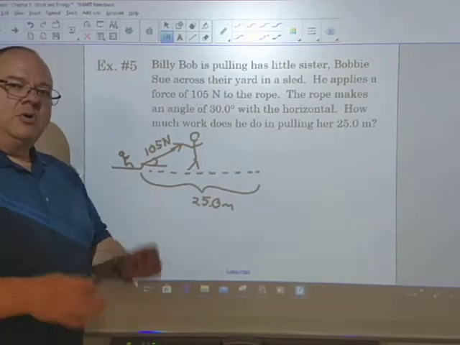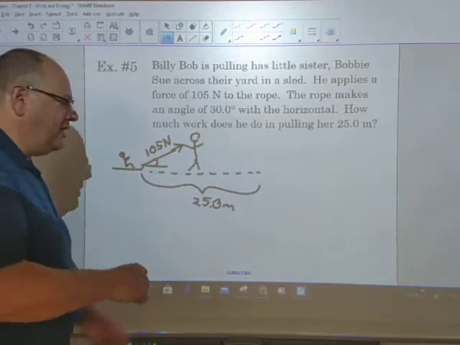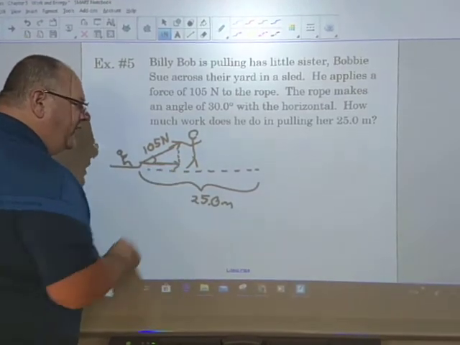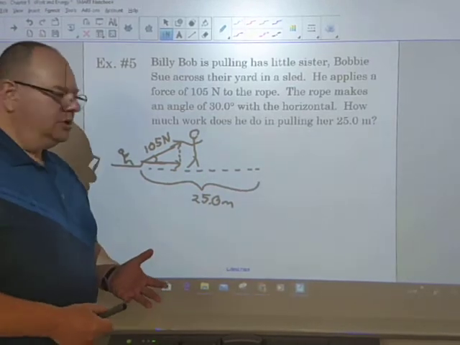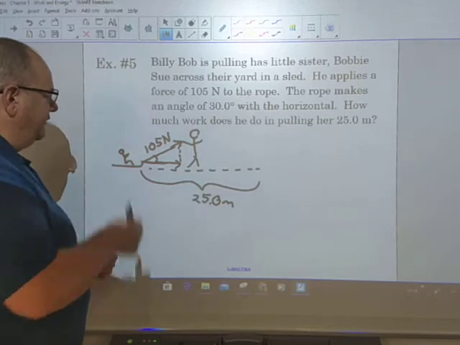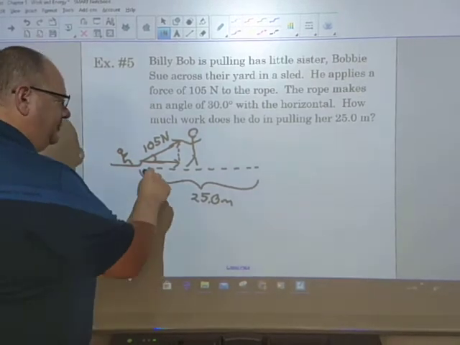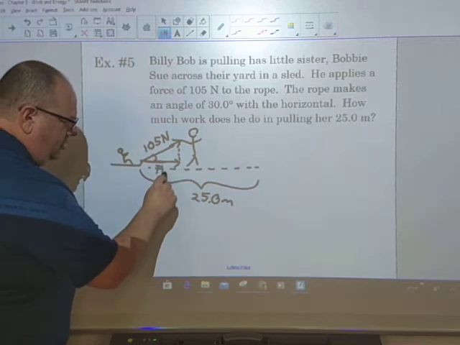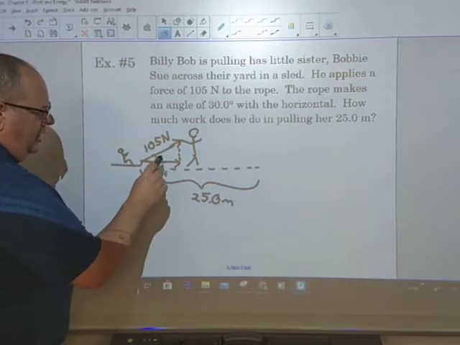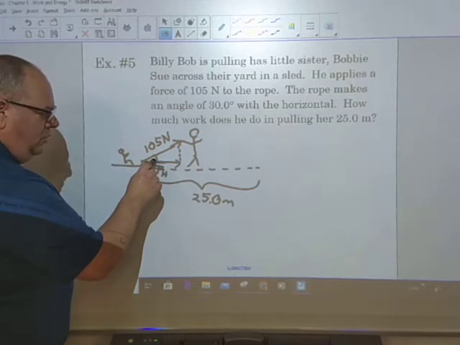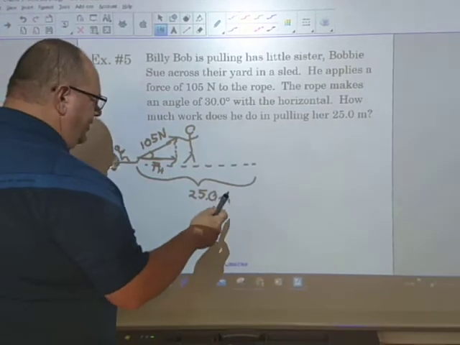Okay? So, hopefully you're seeing it already. What do we have to do? We have to figure out what part of the force is pulling this way. That's a component problem. We've done a bunch of component problems. So all I have to do is say, let's see, I want this horizontal component. And the horizontal component is adjacent to the angle that we know. So I want to use my cosine function.